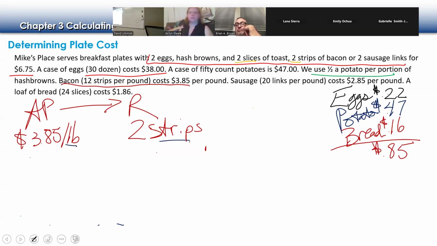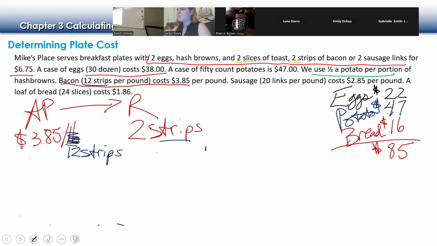No, pound and strips don't match. But I've given you the equivalent: 1 pound is equal to 12 strips. So what's 385 divided by 12? 0.32083 repeating. That means we're going to make it up to 33 cents per strip.